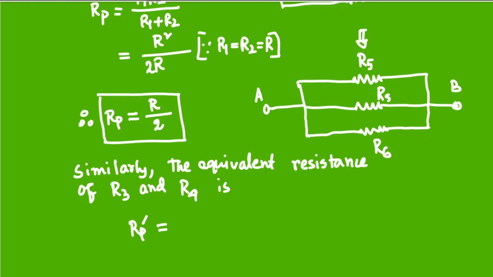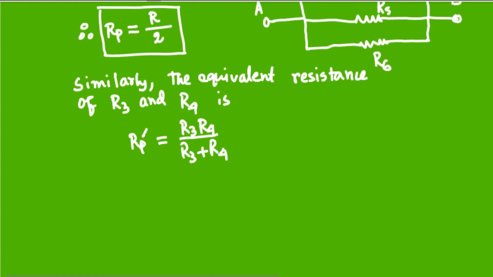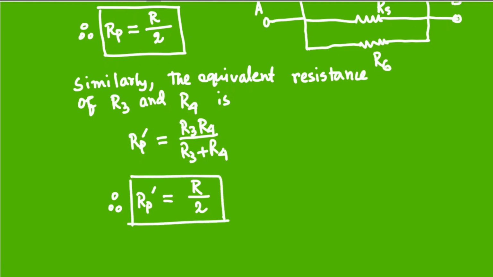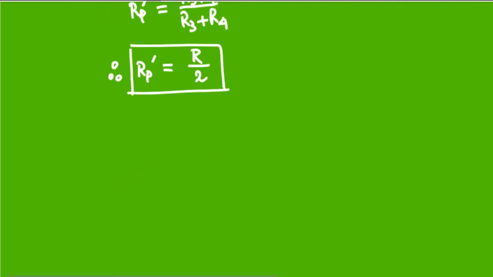This is also a parallel combination of R3 and R4. That's why Rp prime equal R3 R4 divided by R3 plus R4. So putting the values, Rp will be R by 2. Since R3 equal R4 equal R, we get Rp prime equal to R by 2.